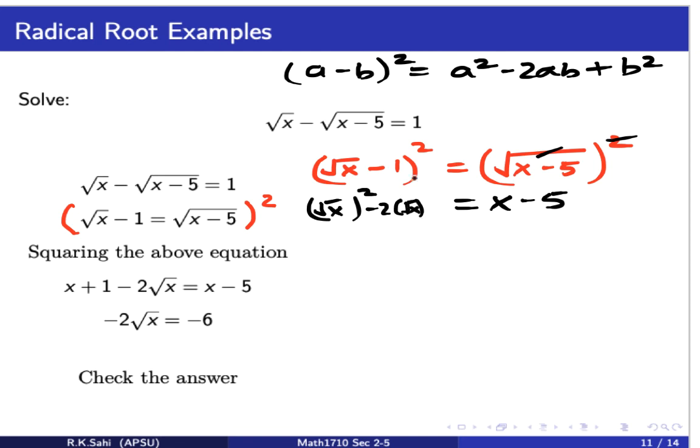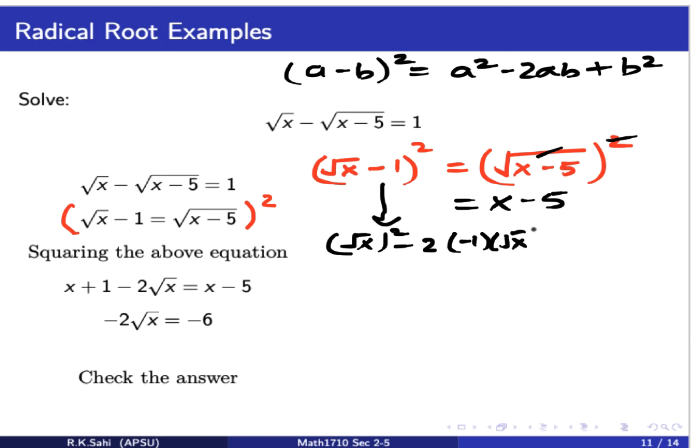Okay, I might have to write a little, I need more space over here, guys. So I'll just do it here. It's square root x the whole square minus 2 times 1 times square root x plus 1 square equals x minus 5. Yes, that's plus 1 because your b is 1.